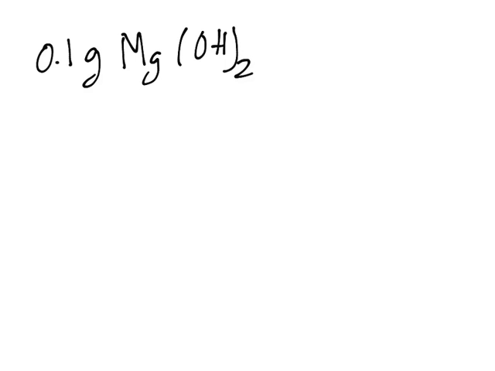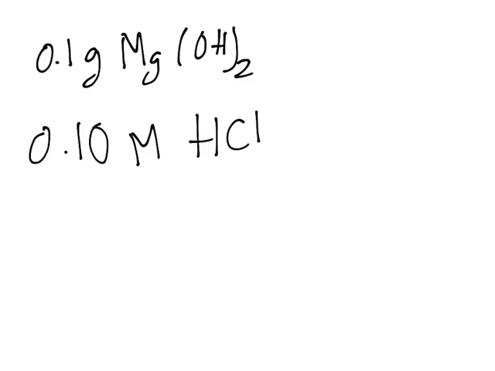That magnesium hydroxide is treated with 0.10 molar HCl, or hydrogen chloride. I put 0.10 just to be able to tell the difference between these two. What they're asking is how many milliliters of hydrogen chloride will react. So milliliters of HCl.